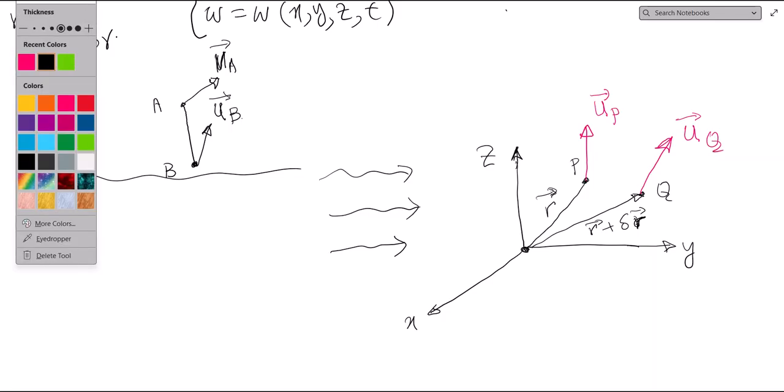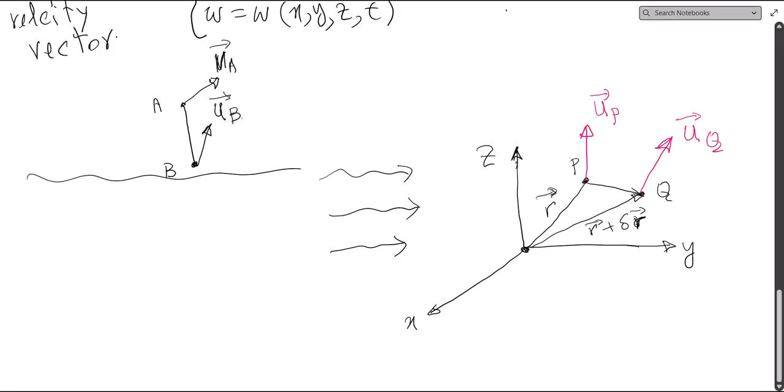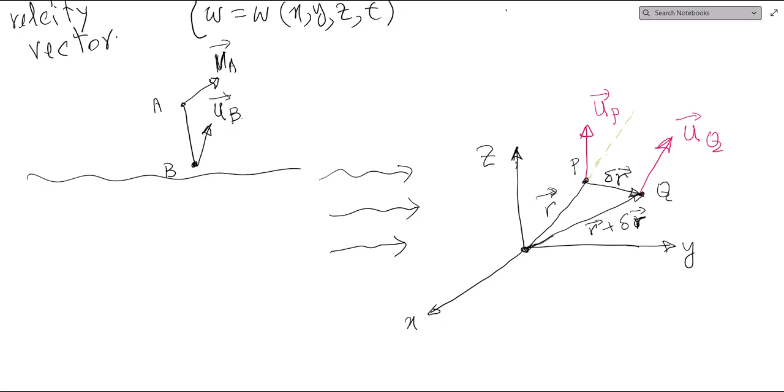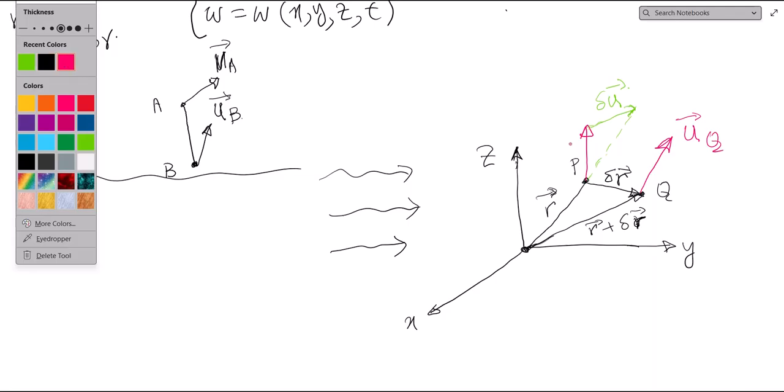Obviously from the vector triangle this would be my delta r, because r plus delta r should give me the position for Q. And if I draw a parallel to my UQ, then this vector would be my delta u vector.